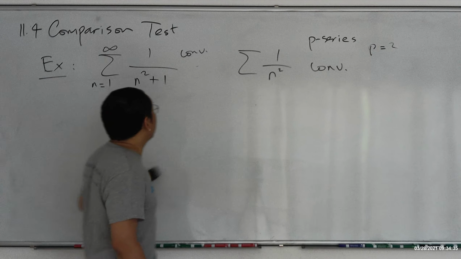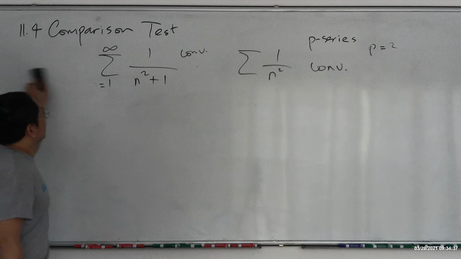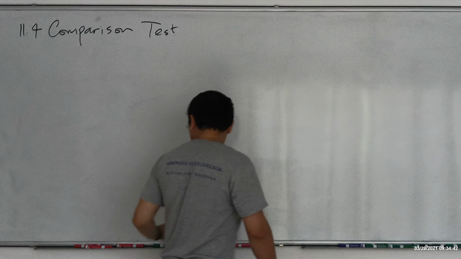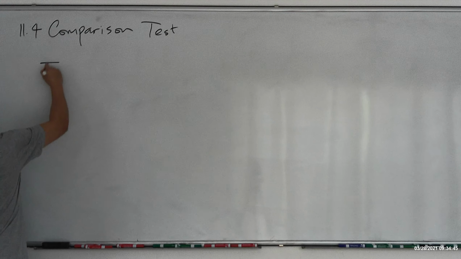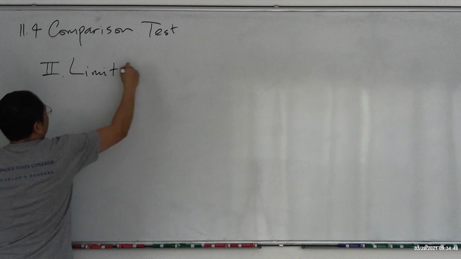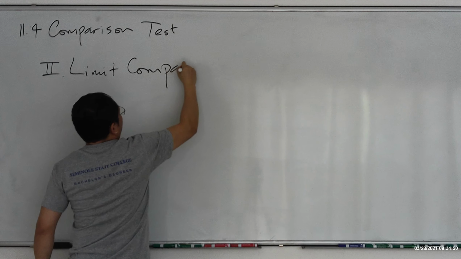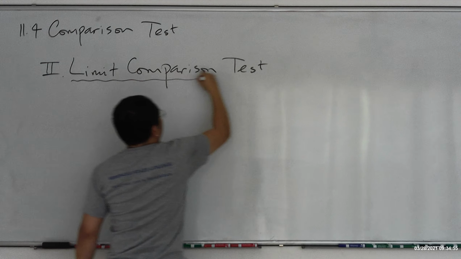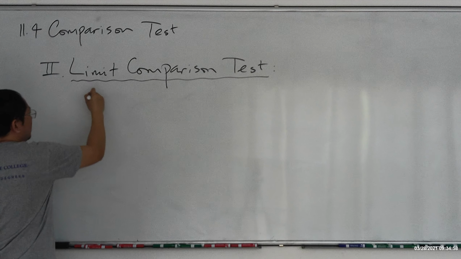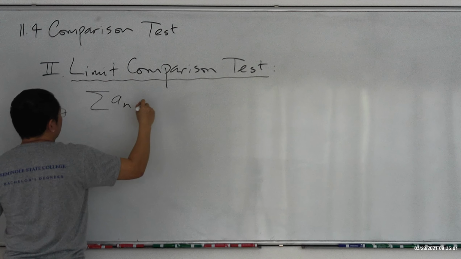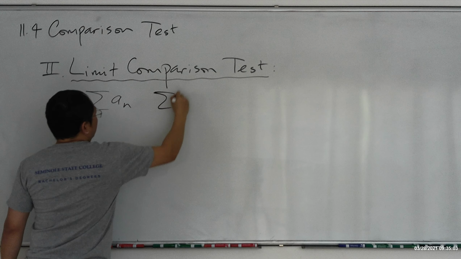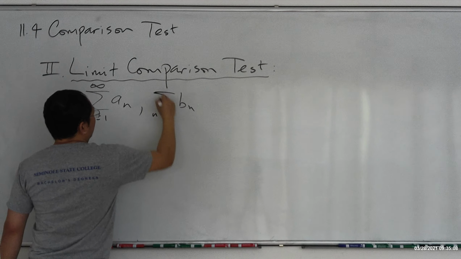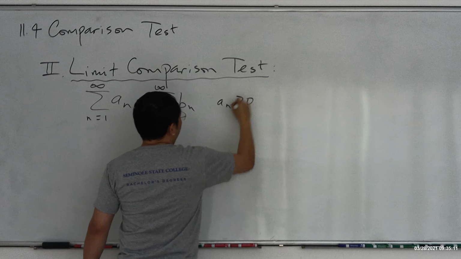Let me show you another test called the limit comparison test. Number 2, limit comparison test. Again, I have the same two series, AN and BN, running from 1 to infinity, and both AN and BN are positive.